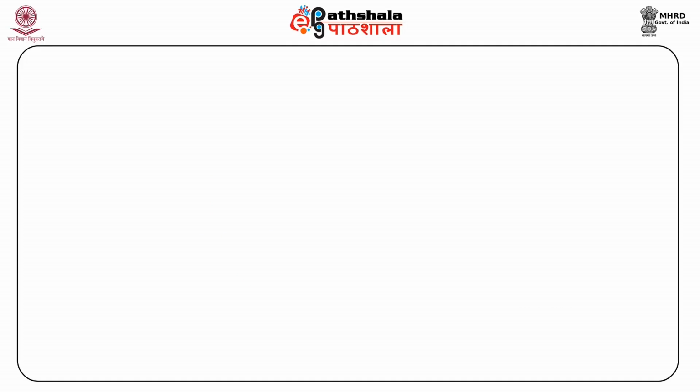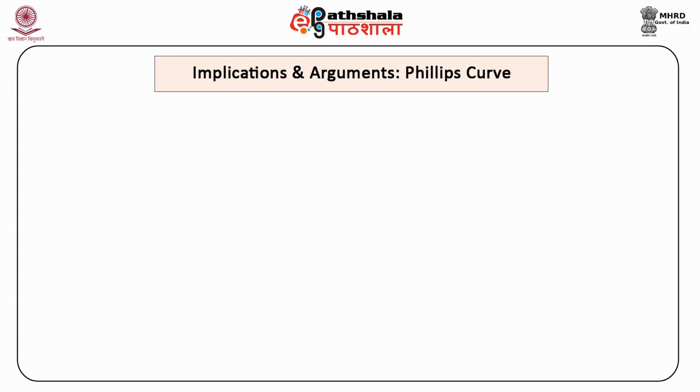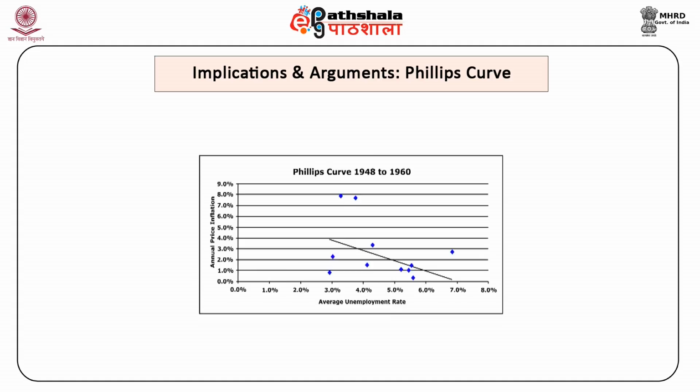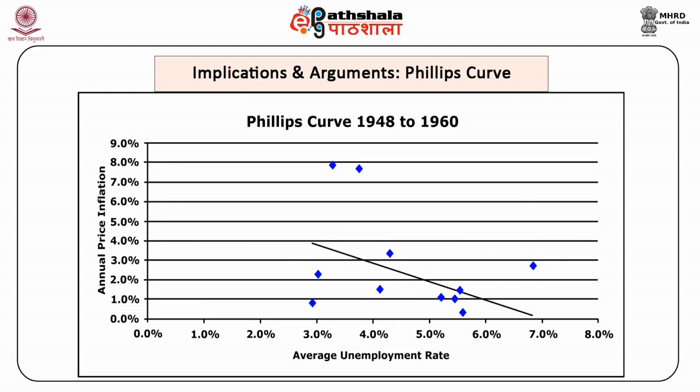Now we will look at the implications and arguments associated with the Phillips curve. The data of the United States was studied over the period from 1948 to 1960, depicting the inverse relationship.